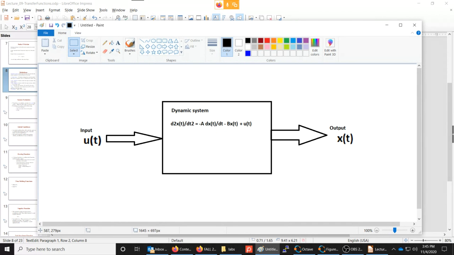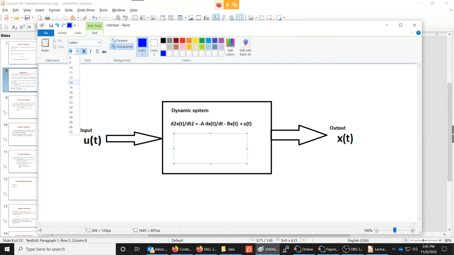So what we can do, the transfer function then, is really normally written in terms of H of s, which is basically defined as the output divided by the input.